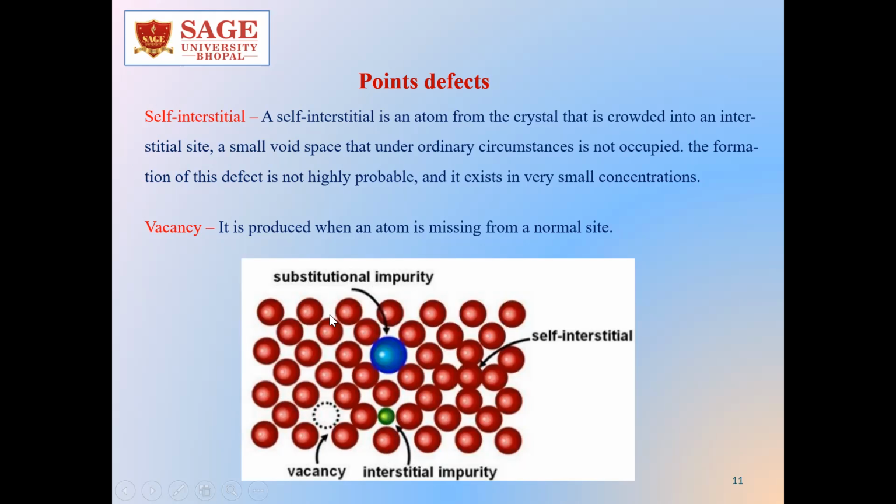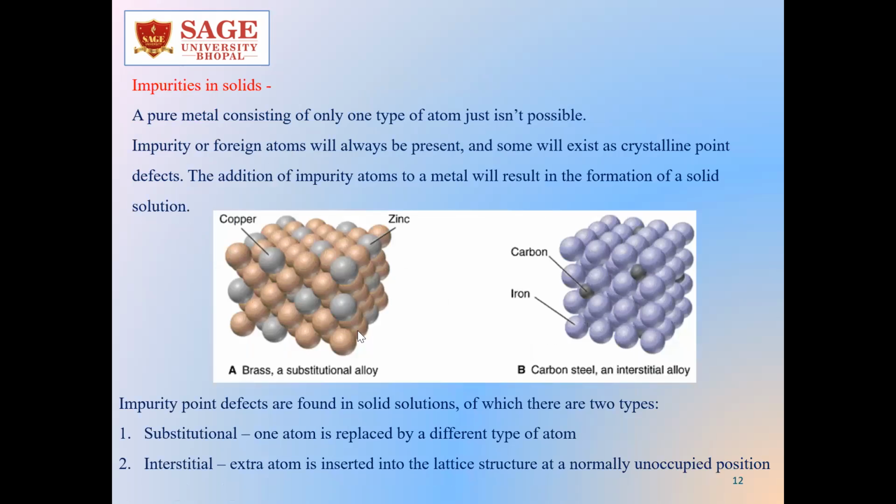When an impurity, that is another atom, substitutes an original atom of the crystal system and replaces that atom by itself. So that is known as substitutional impurity and defect.